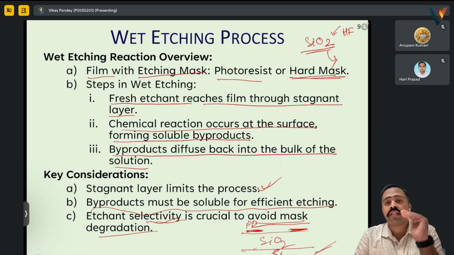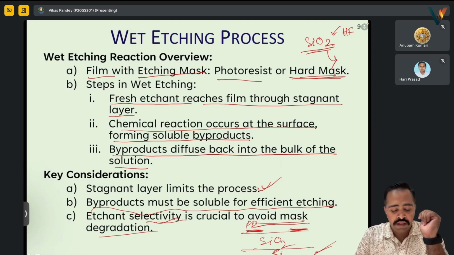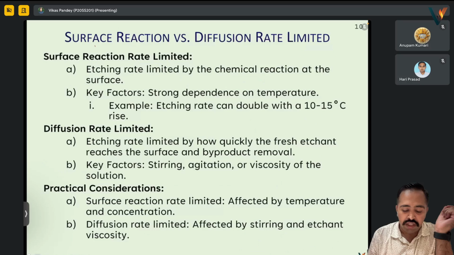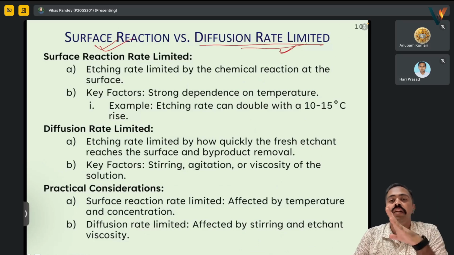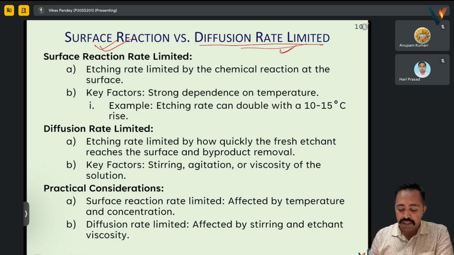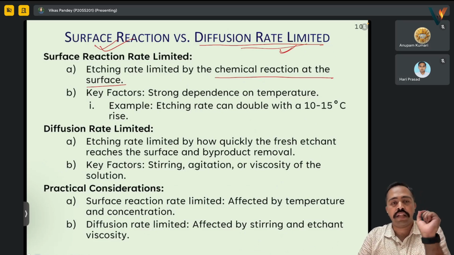Since it is a surface reaction, there are two things: surface reaction limited as well as diffusion rate limited. These two parts of the etching will be there. When we are talking about surface reaction rate limited, that part of etching will occur limited by the chemical reaction at the surface, whatever reaction is taking place.